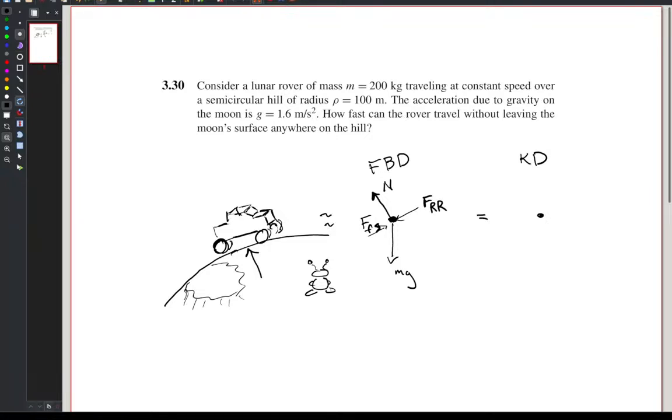Tangent acceleration. Are you sure? That doesn't sound right. The kinetic diagram is for motion. Okay, it's moving. What do you think? Moving forward, I don't know.